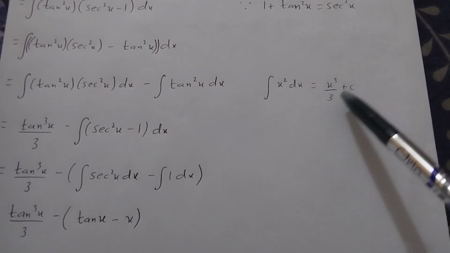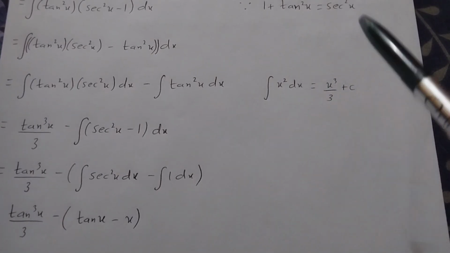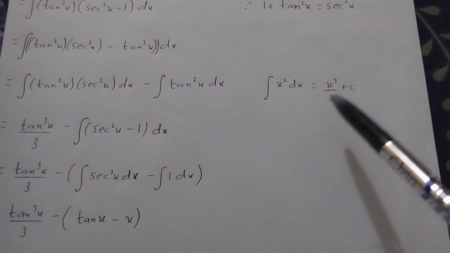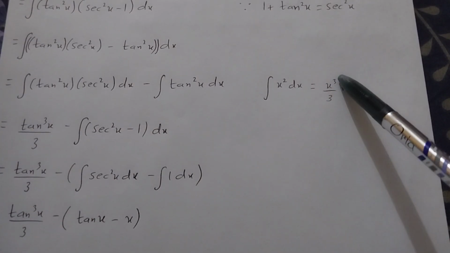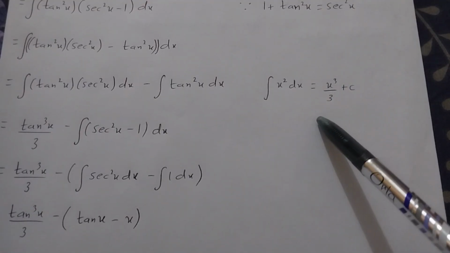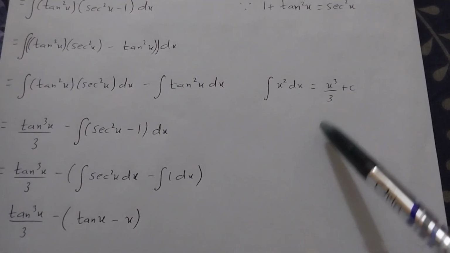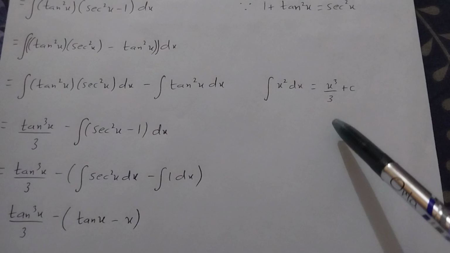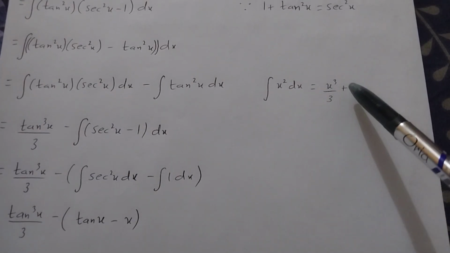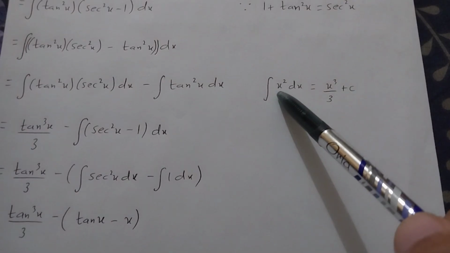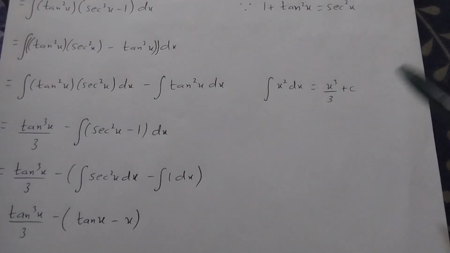So that's why the integral of this thing is x cube over 3 plus c. And we can see that if we take the derivative of this thing, the coefficient will be separate, it will be 1 by 3. And the derivative of x cube is 3x square. And 3 and 3 will be cancelled. And we will be left with x square.